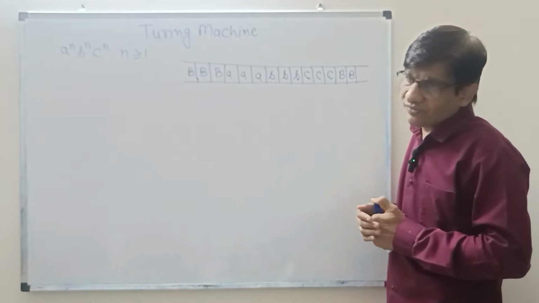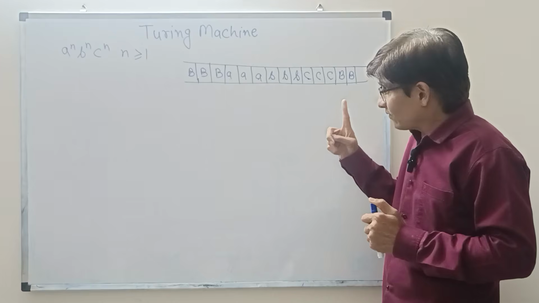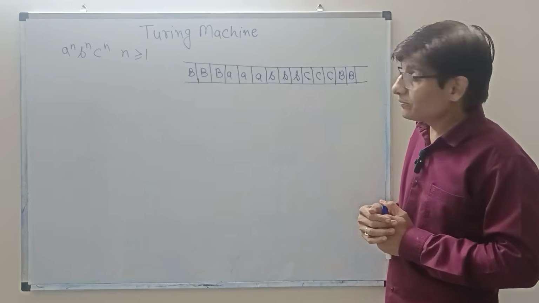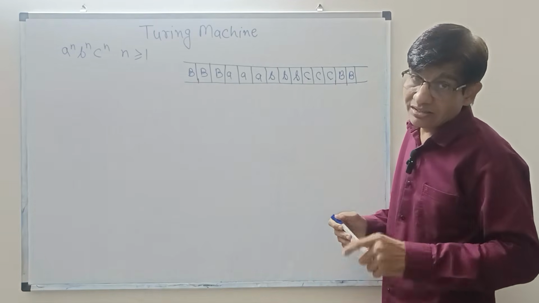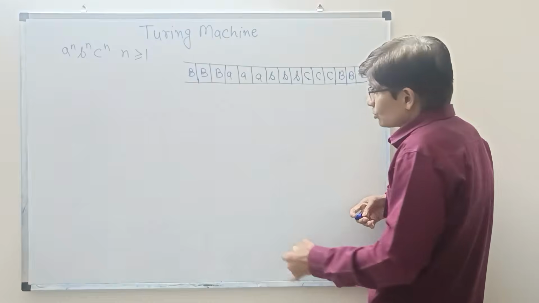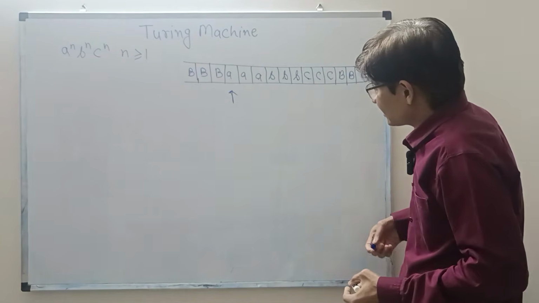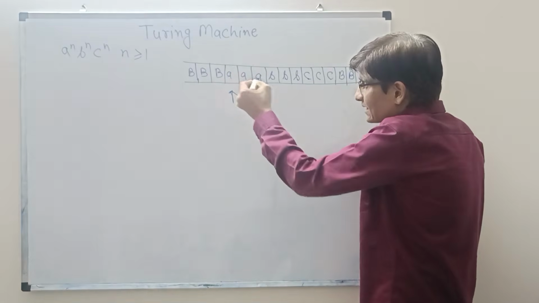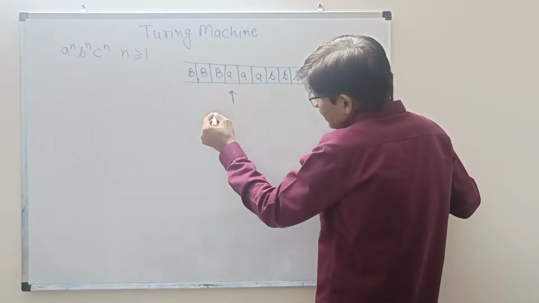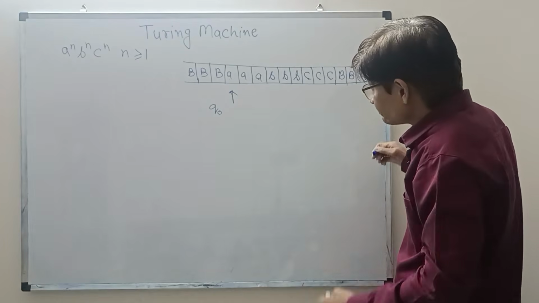Somewhere in the middle of the tape, your input string is written, and when the Turing machine starts working, the read-write head always points to the first symbol of your input string. So obviously you will be in Q0 at that time, which is your initial state.